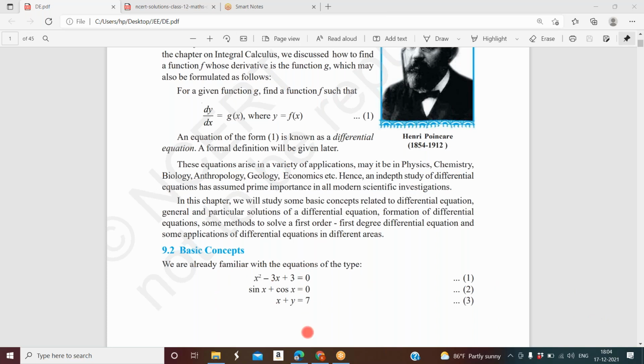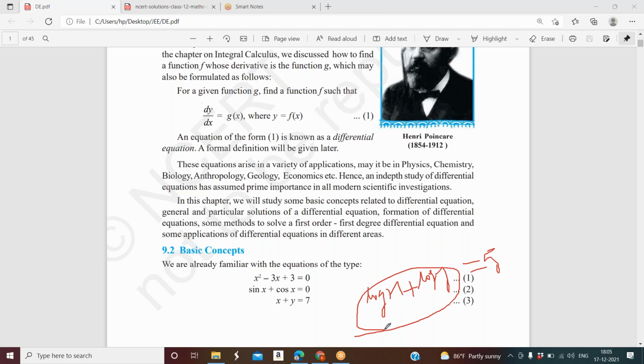Okay, so these are all equations, not differential equations. I said the second one is a trigonometric equation. If it contains a log function, suppose log x plus 2 equal to 0, or log x plus log y equal to some 5, here logarithmic functions are involved, log x and log y.